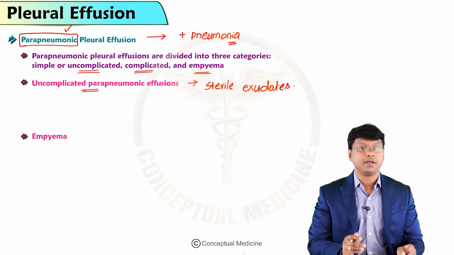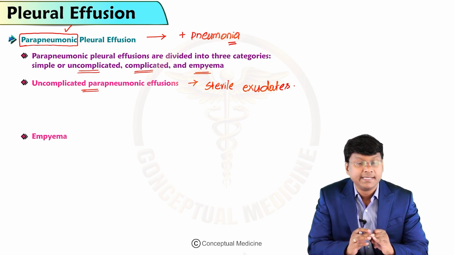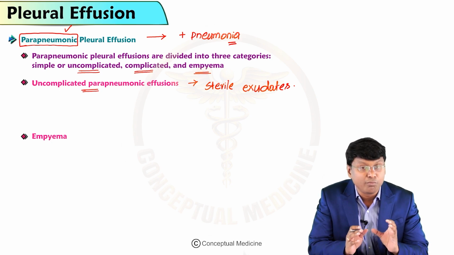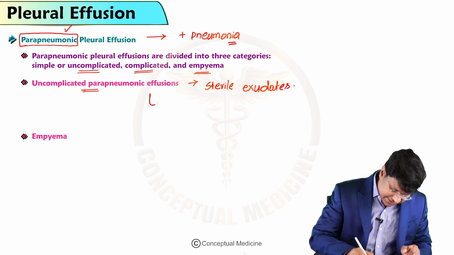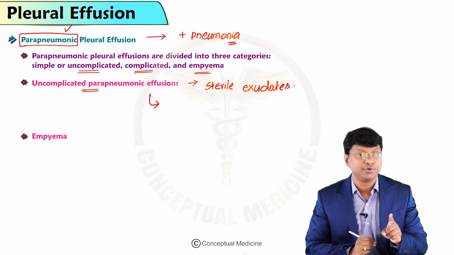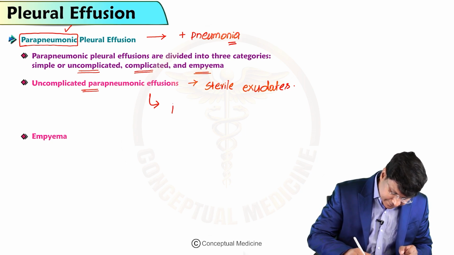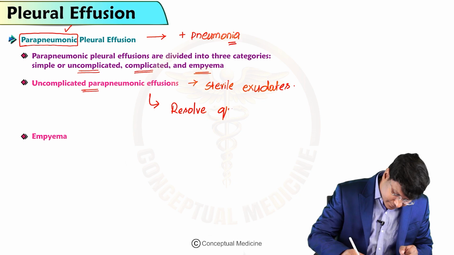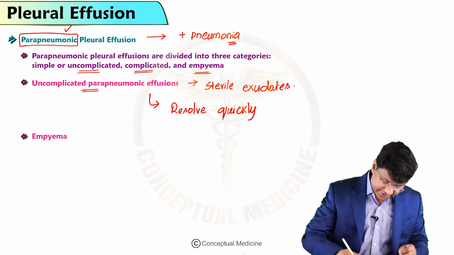Uncomplicated parapneumonic effusion is like a free flowing sterile exudate of modest size, and it will resolve quickly with antibiotic treatment.